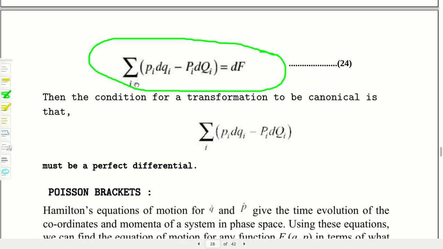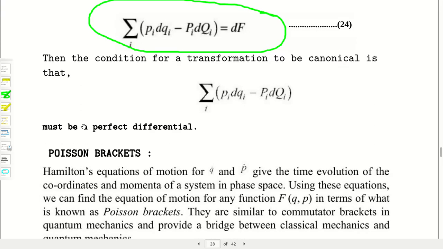So this summation should be an exact differential of an analytic function, and if the equation satisfies this, then you can say that the transformation is canonical. That is the condition for a transformation to be canonical: this complicated differential should be equal to an exact differential or perfect differential.